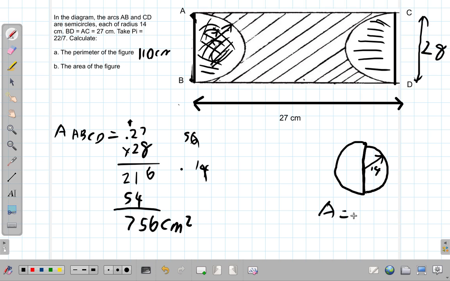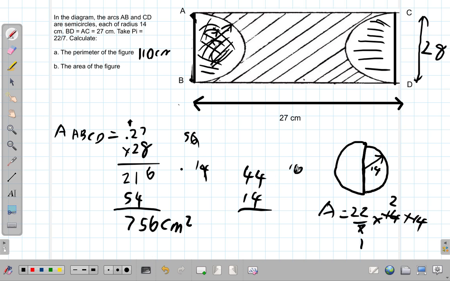So the area is pi, 22 over 7 times r square, radius square, 14 square. Call it 14 by 14. There's 1 7 in 7, and there are 2 7s in 14. So it's 22 by 2 by 14. It comes down to 44 by 14 for the area of the circle.